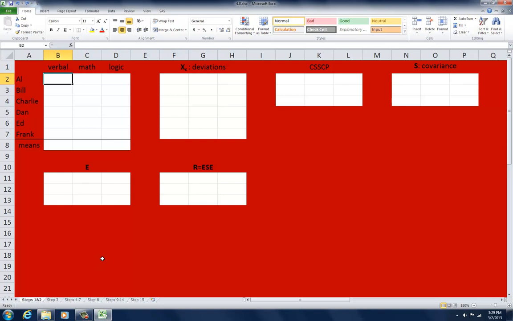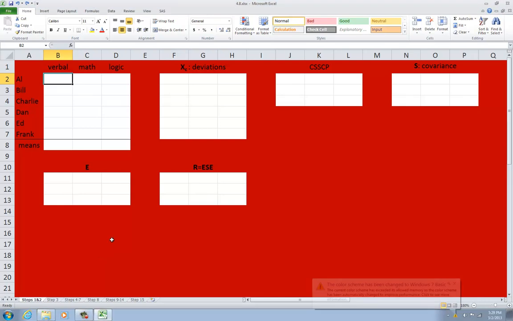Now suppose that we have 6 subjects in a research study on cognitive development in adolescent males, and each of the 6 males have been measured on 3 variables: a test of verbal ability, a test of mathematical ability, and a test of logical reasoning. And here are the 6 males, and their scores on each are like this. Al has 8, 12, and 16.